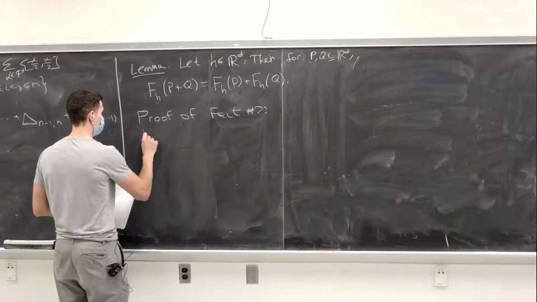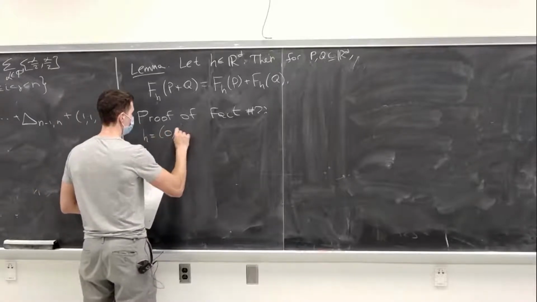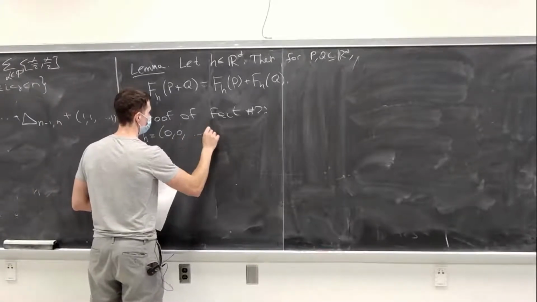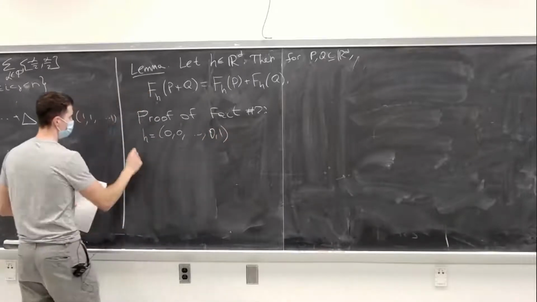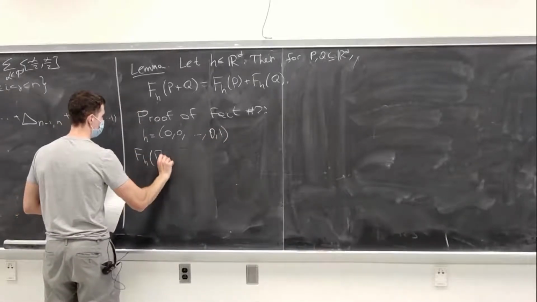So if you want to take h to be 0, 0 all the way up to 0 and then 1, what is F_h of phi sub n?